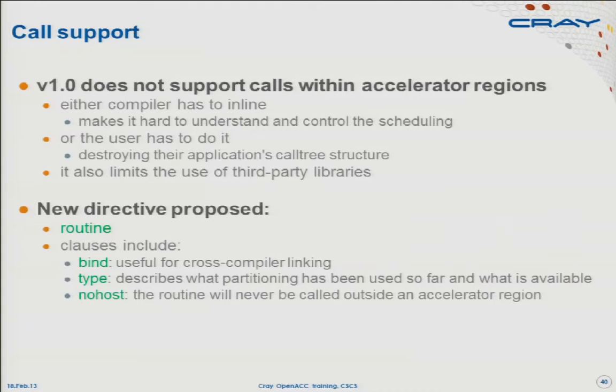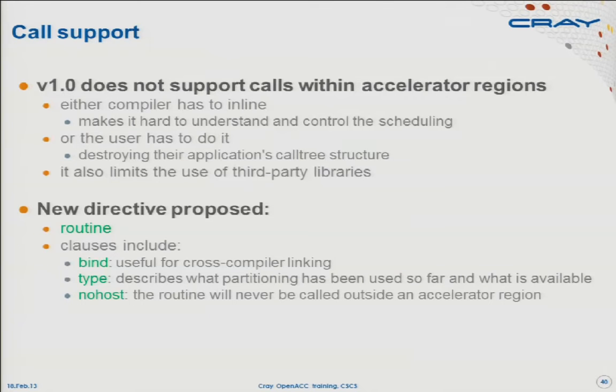Version 1 of OpenACC does not let you do calls inside accelerator regions. Everything has to be inlined by the compiler or by hand. Compiler is better, but it's hard to understand what it did when it's inlined all this code. The user doing it is bad because it destroys the call tree. And it also limits the use of third-party libraries.